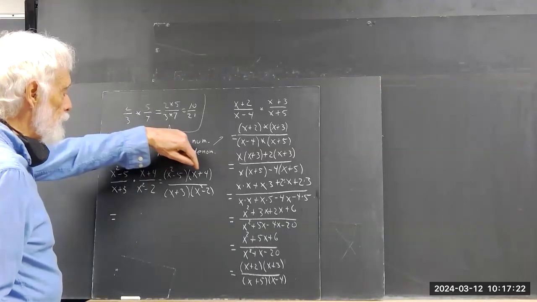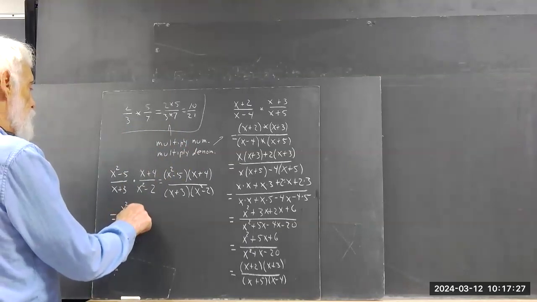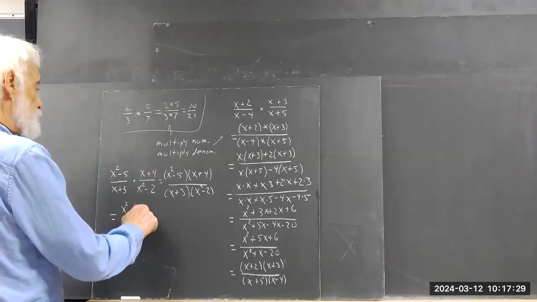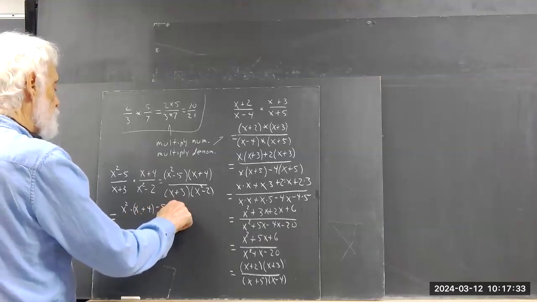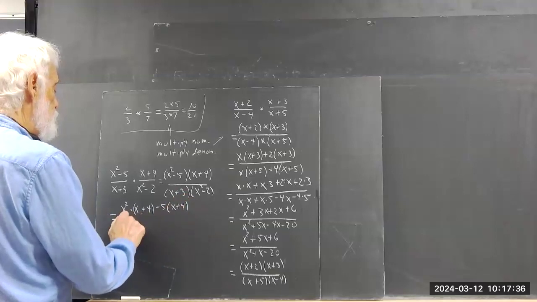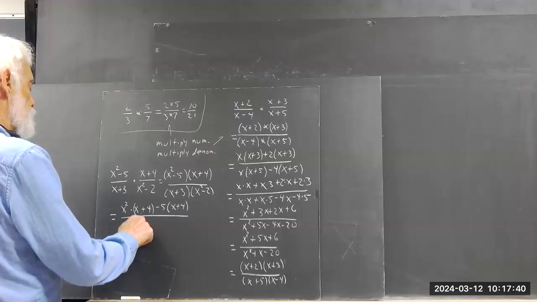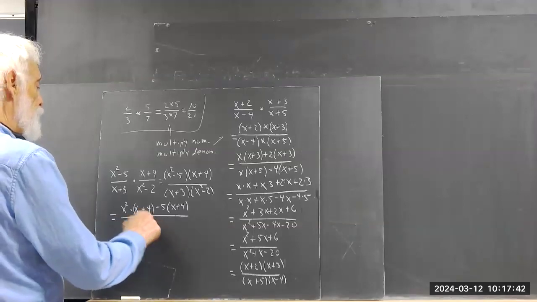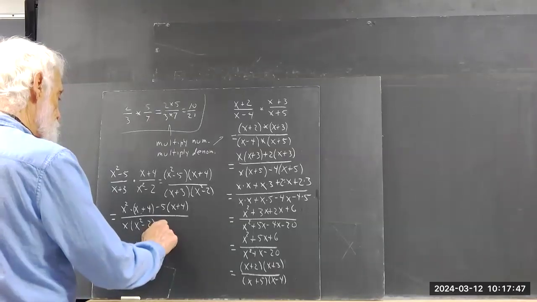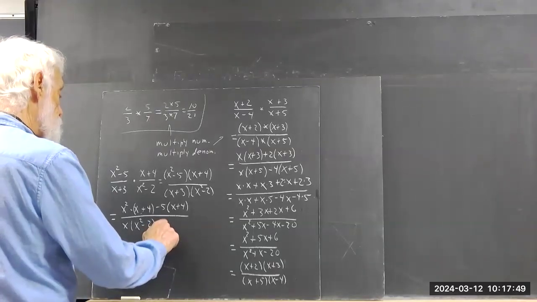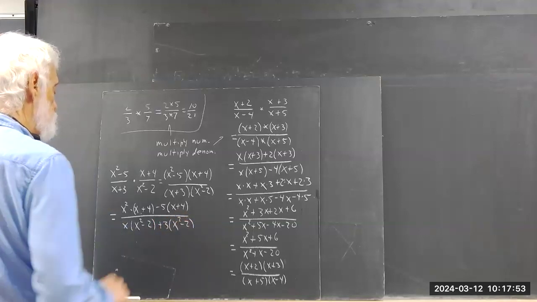Now, we're going to do just like what I did here, except, of course, this is an x squared. So x squared minus 5 multiplied by this is x squared times x plus 4 minus 5 times x plus 4. And we divide that by x times x squared minus 2 plus 3 times x squared minus 2.